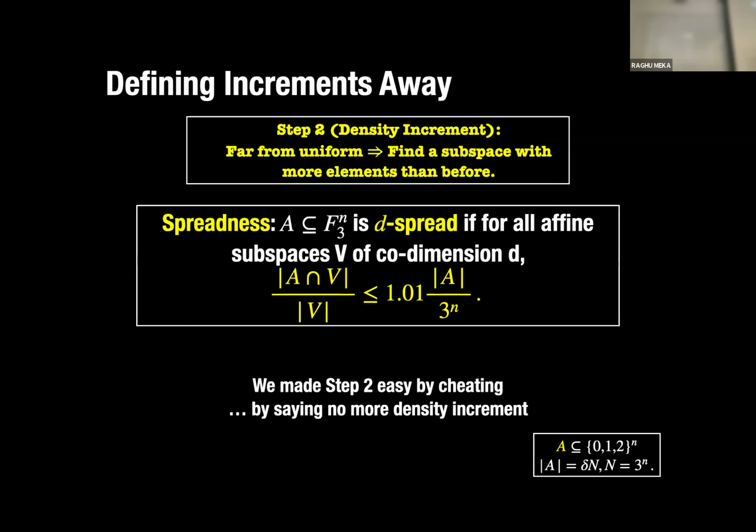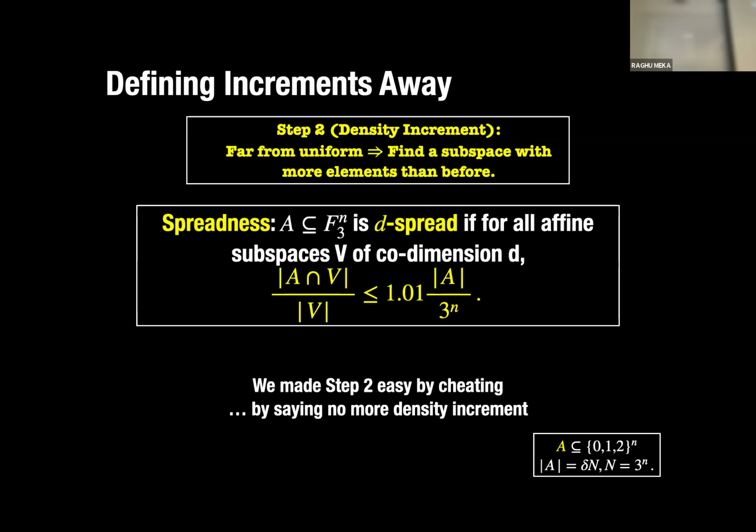So for every subspace which has codimension D, you measure largeness of a subspace by how many extra constraints you have, because these subspaces are going to be very big. If I add one constraint, I lose roughly a 1/3 fraction of the elements. So I'm going to add D constraints at most.